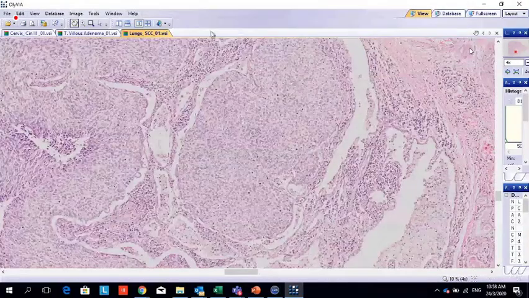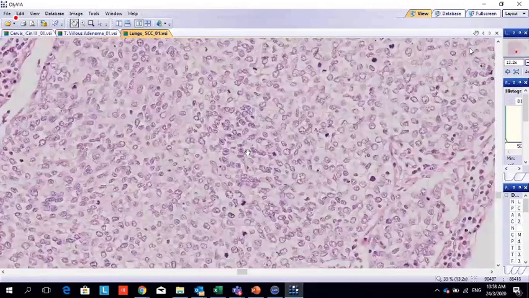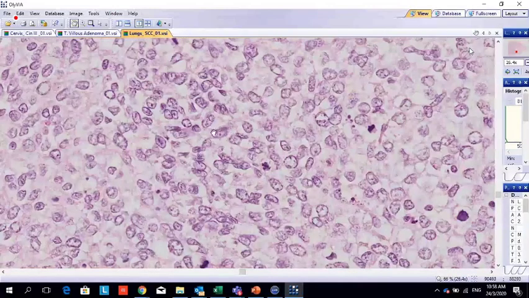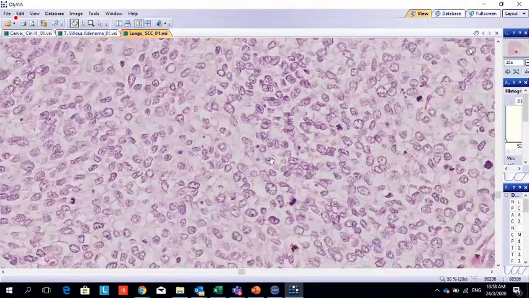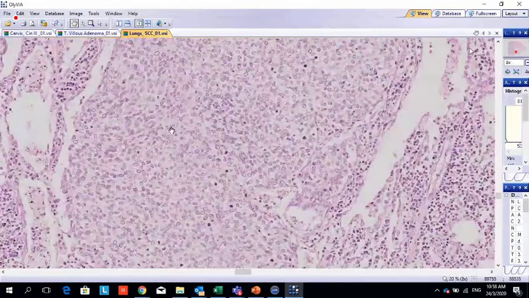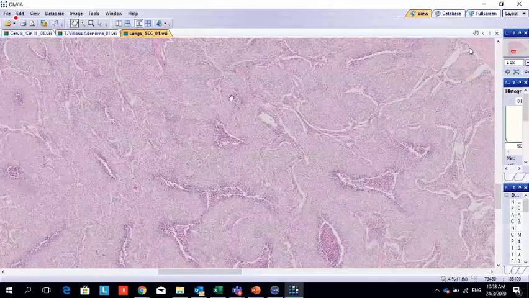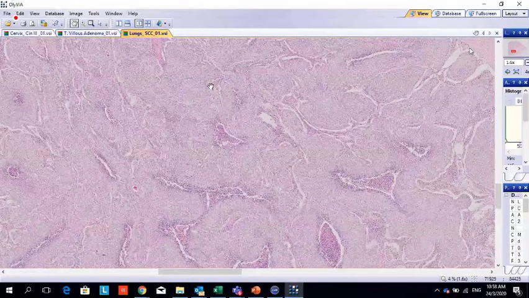This is a round mass or nest of large malignant cells showing high NC ratio, large nuclei, vesicular nuclei, polymorphism, and also abundant mitosis there. We can see occasional keratin pearl, isn't it?